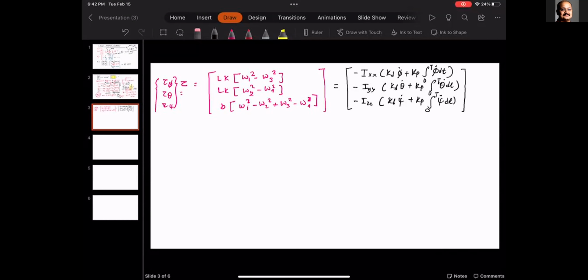Everyone understood? So this is the hypothetical controller that we are talking about. This is the controller equation, the PD control. And this is the real thing, so real hardware.